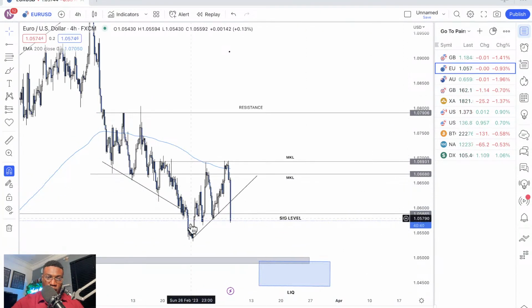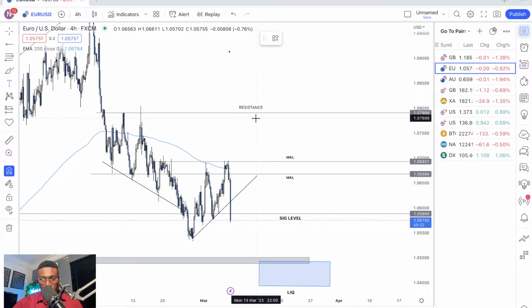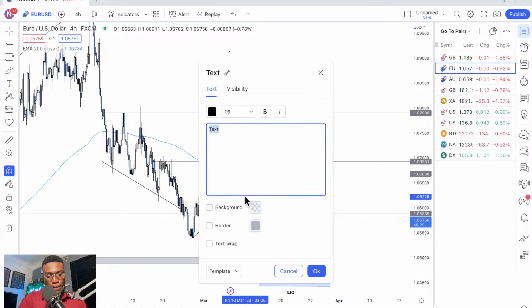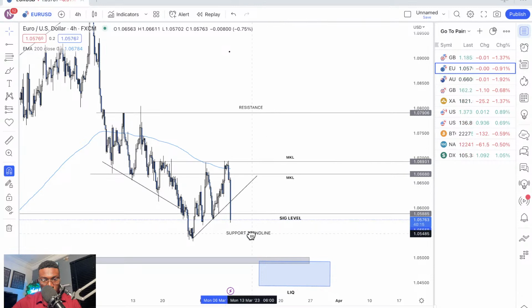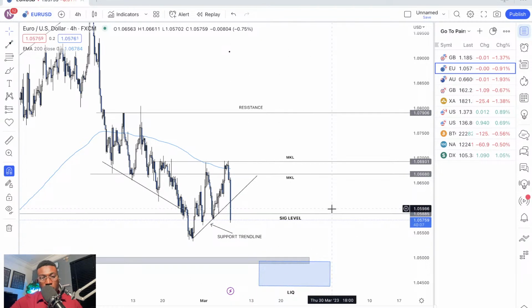So the EURUSD market has been trading above, I think I've already identified this support trend line, and this trend line, let me just indicate that as well for you guys. Okay, so EURUSD has been bouncing off at this support trend line and actually trading above it.